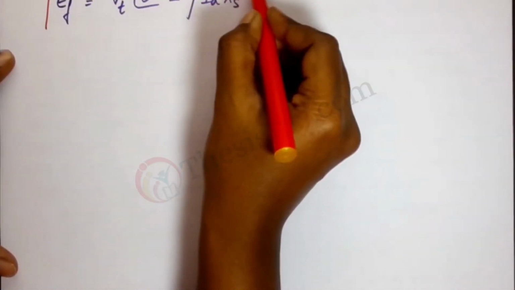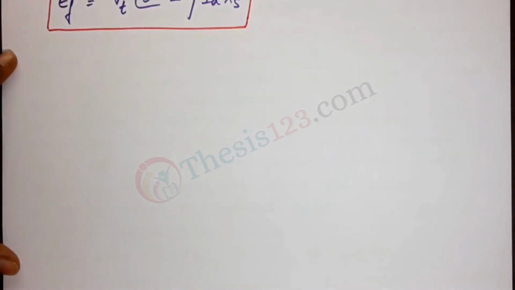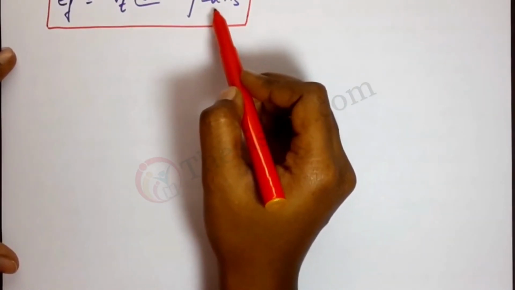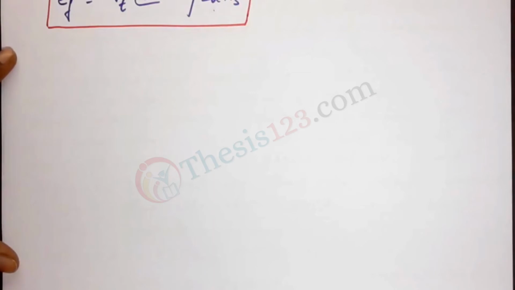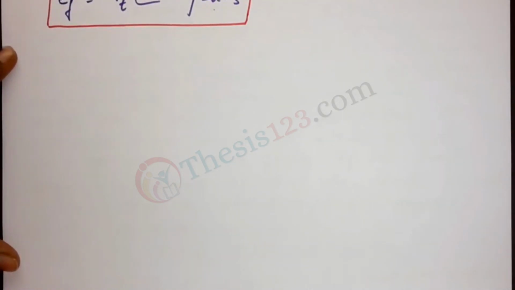This is quite important. This is the equation for the field excitation of the motor in terms of the terminal voltage, the armature current, and the synchronous reactance. Now in this case, for this question, all we have to do is plug in the values of VT, Ia, and Xs.